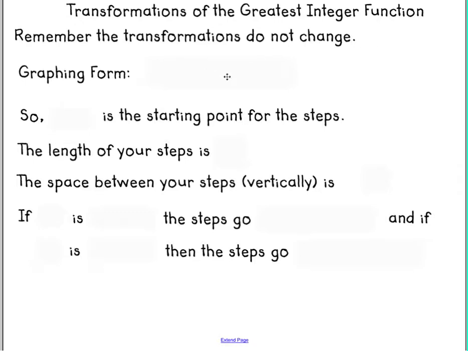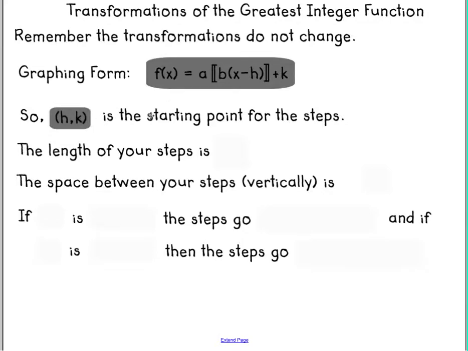They don't change. The graphing form for the greatest integer function is f of x equals a, times the greatest integer function notation of b times x minus h, in parentheses, plus k.